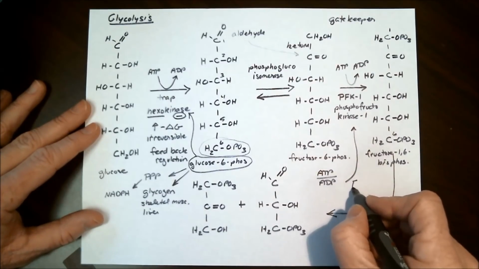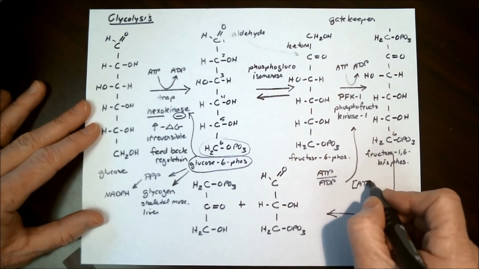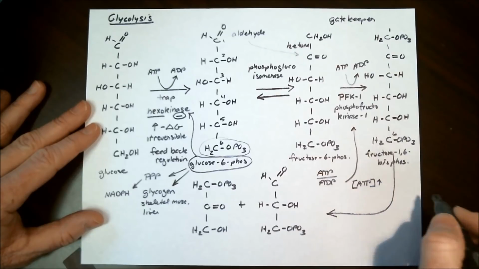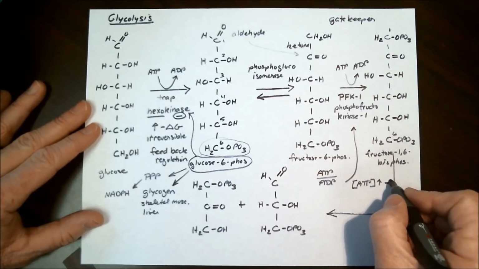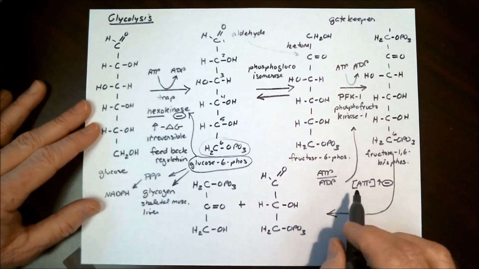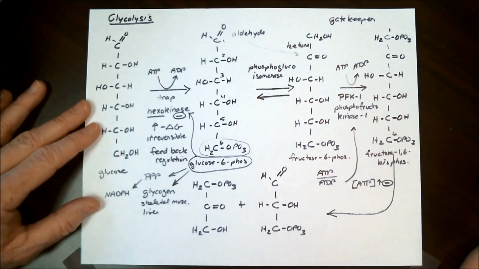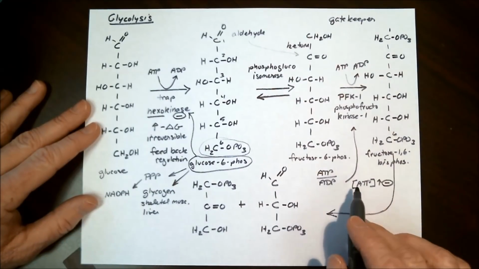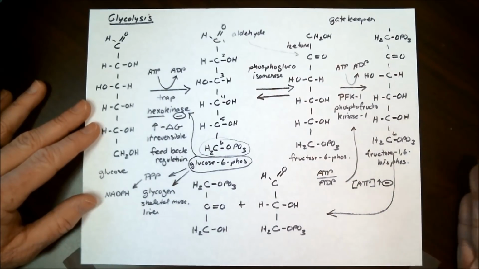So as the concentration of ATP increases, this will inhibit PFK1. It inhibits it because we want to slow glycolysis down. If we have sufficient ATP, there's no use in going through the subsequent steps.